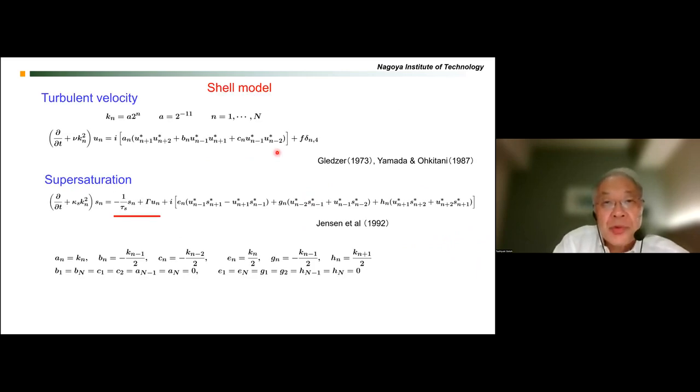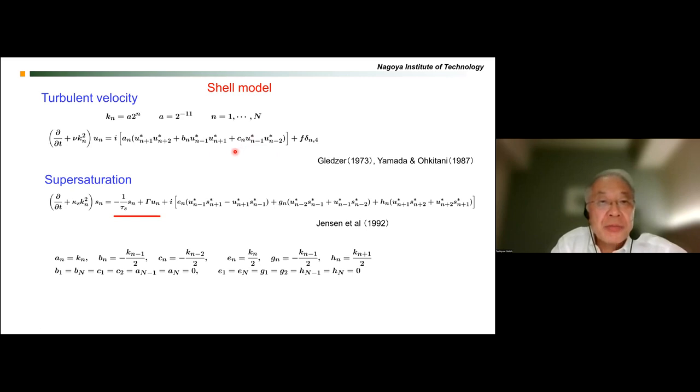For the existence of two kinds of k to the minus 5 thirds ranges, we need some wide range of wave number, so direct numerical simulation would be difficult. So to make the story or analysis simpler, we start with the shell model. The shell model is a skeleton of Navier-Stokes in the wave number space.